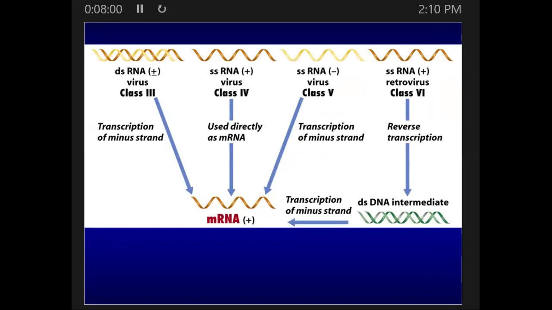So this is all happening during the replication or synthesis stage. It's a process where they end up with a bunch of proteins floating around in the host cell, and a bunch of nucleic acid floating around. It's all bits and pieces. They're not good to go yet, because the assembly line hasn't fully assembled everything.